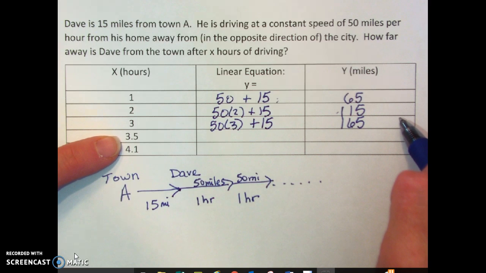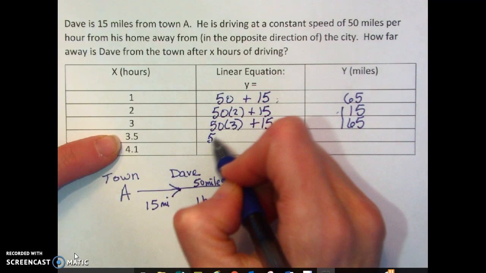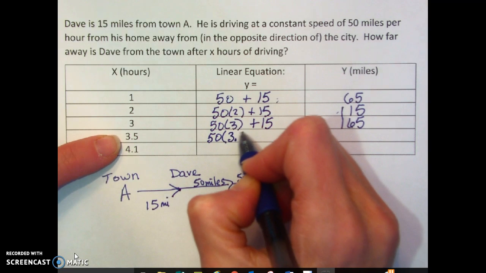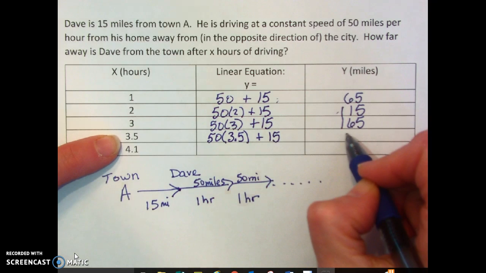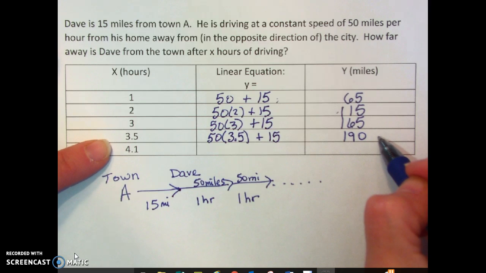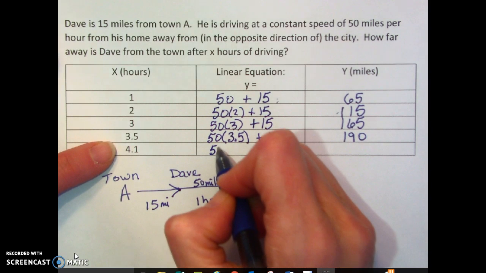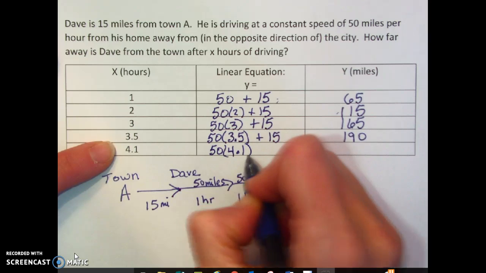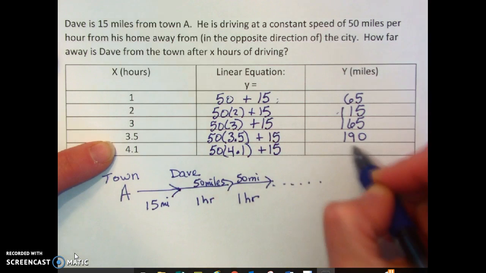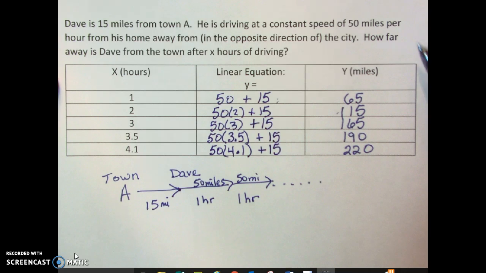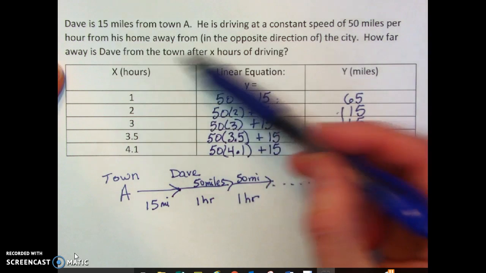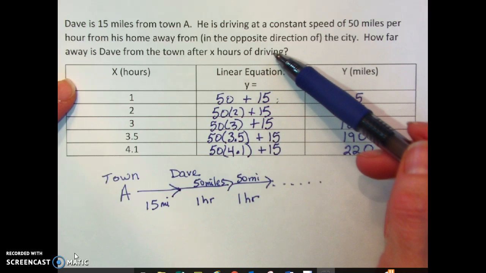Now the next one's a little tricky because he's only driving for 3.5 hours. That doesn't matter. We can still continue with our pattern here. 50 times 3.5 plus 15 makes 190 miles he's gone. And the last one, 50 times 4.1 plus 15, if you work that out, we'll get 220 miles that he's gone. So how far away is Dave after X hours of driving?